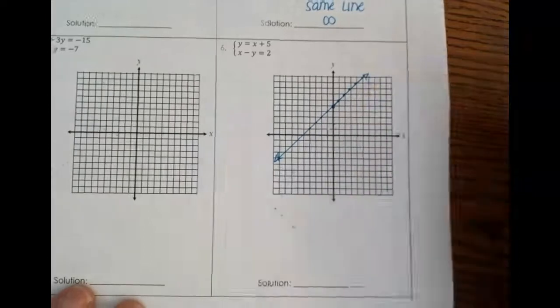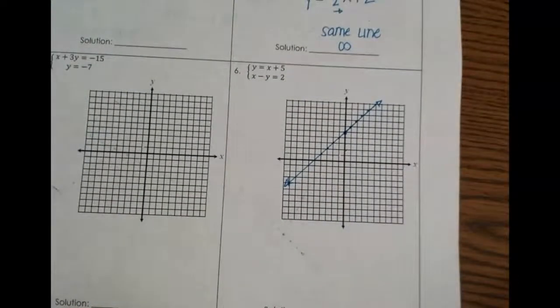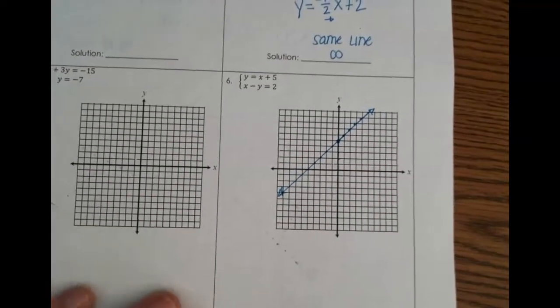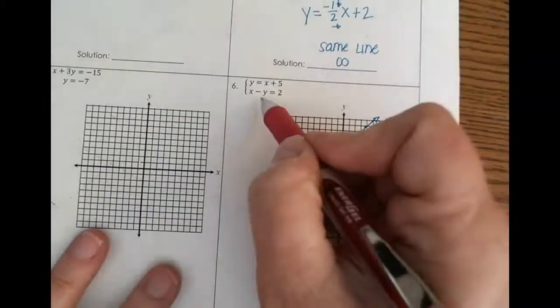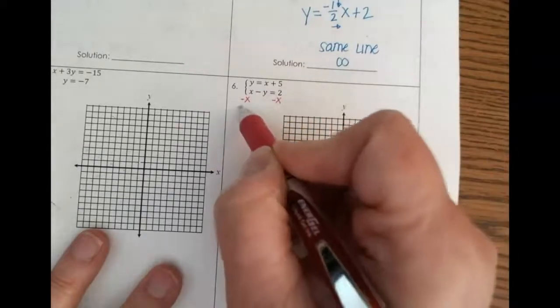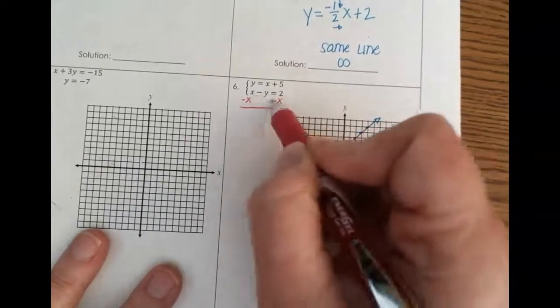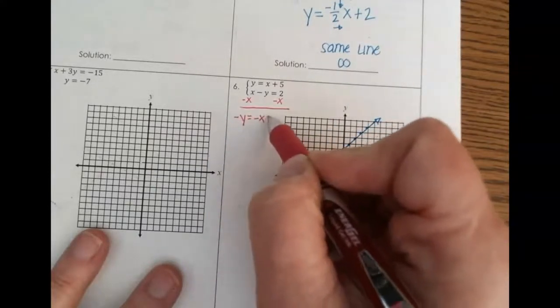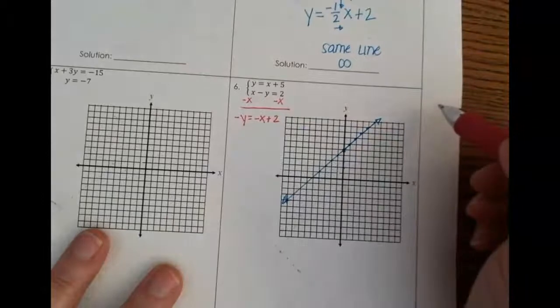So there's this line. Now, the other line is in standard form, so we have to rearrange it into slope-intercept form. We want y alone, so let's move the x over to get started. That's -y equals -x plus 2.